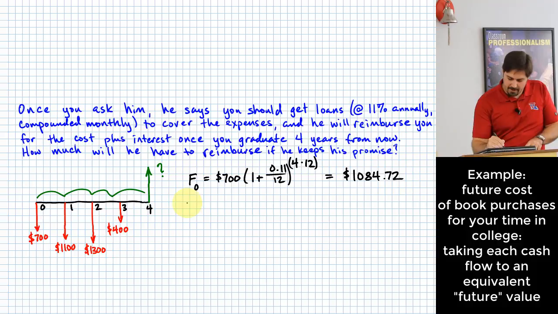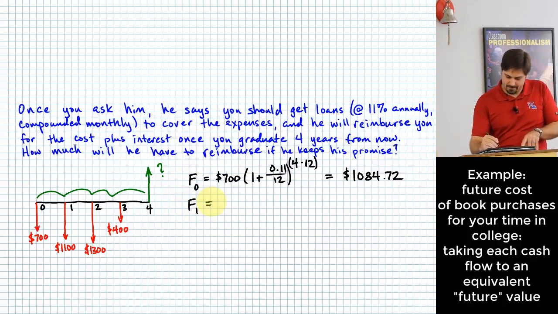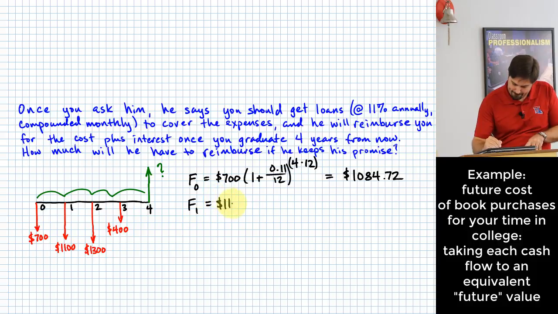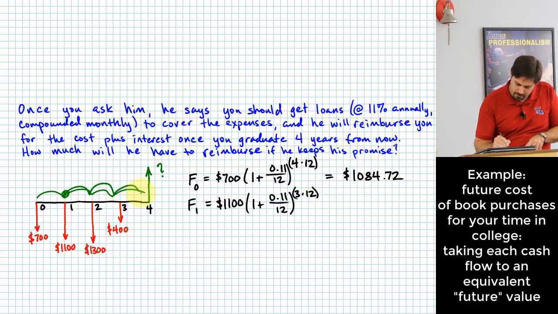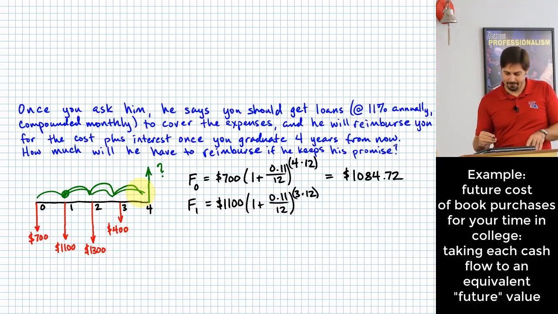Okay, what about at the beginning of your sophomore year? 1,100 is the flow that you have in that year, plus 0.11 over 12 to the what? Okay, yeah, 3 times 12, because now you only have 3, right? You're starting here, 1, 2, 3 years to get to where he's going to pay you back.